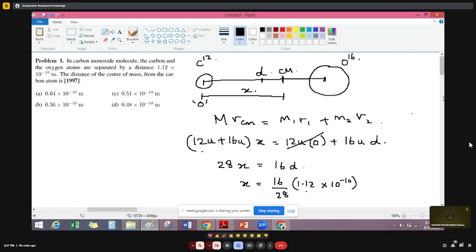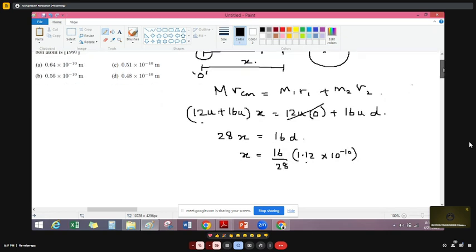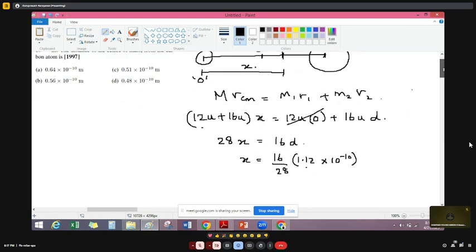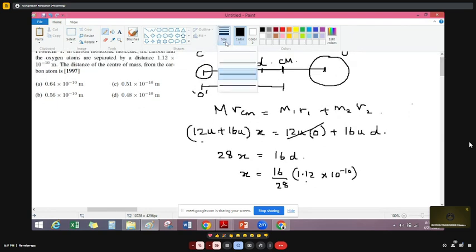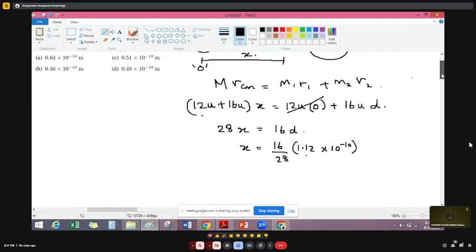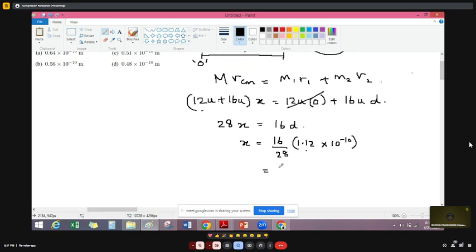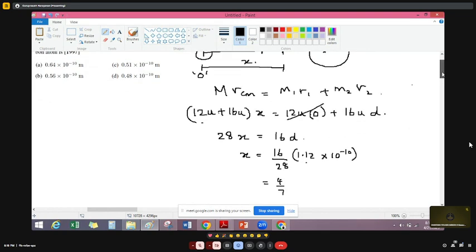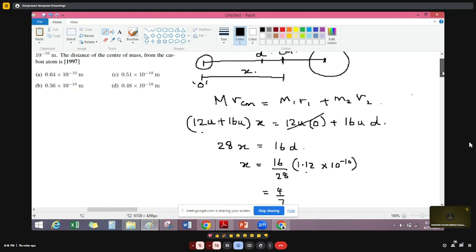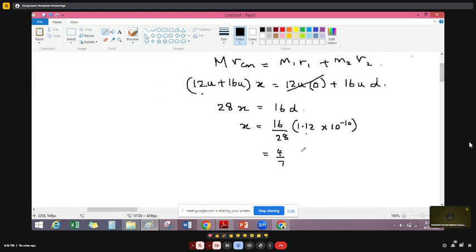Any approximate answers? Anybody got it? Anybody have any answers? I'm surprised nobody did it. So it will be 4 by 7, right? 4 by 7 means 0 point something multiplied by, so I can cancel 7 and 1.12.